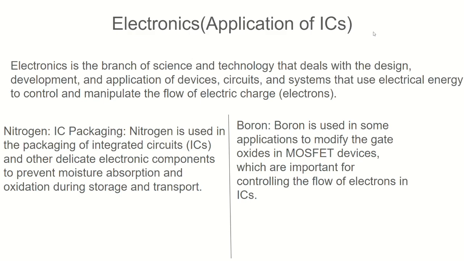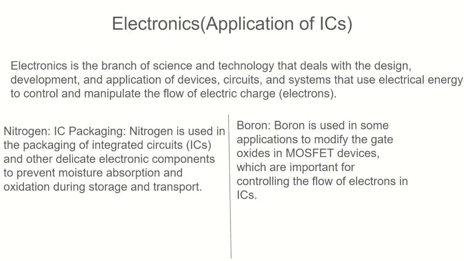Electronics is the branch of science and technology that deals with the design, development, and applications of devices, circuits, and systems that use electrical energy to control and manipulate the flow of charge. So a great way to look at this is the application of ICs.